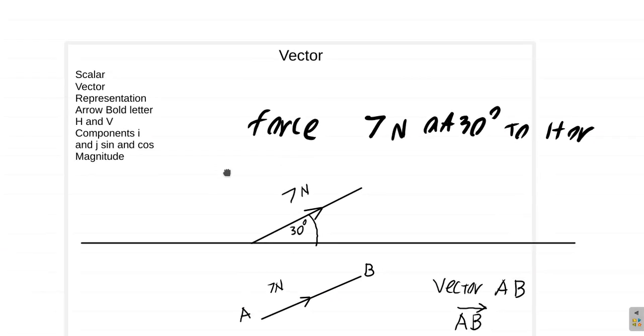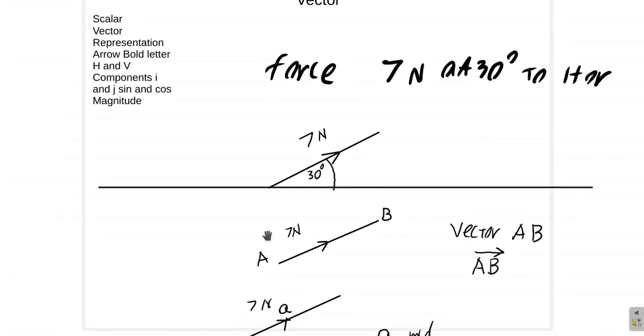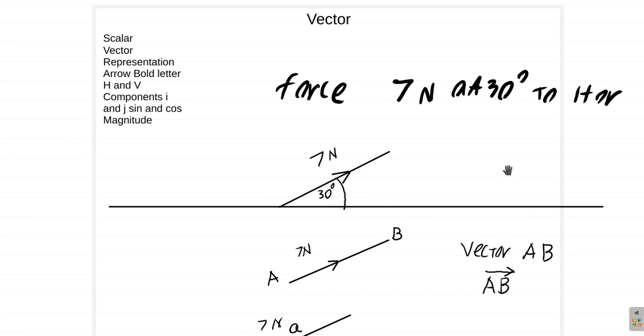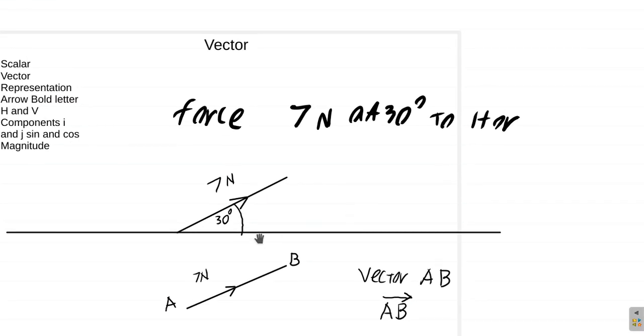The last time, we looked at how you represent a vector, where you use the line. The length of the line represents the magnitude, and the angle where you draw the line to the horizontal or the vertical represents the angle of the vector.